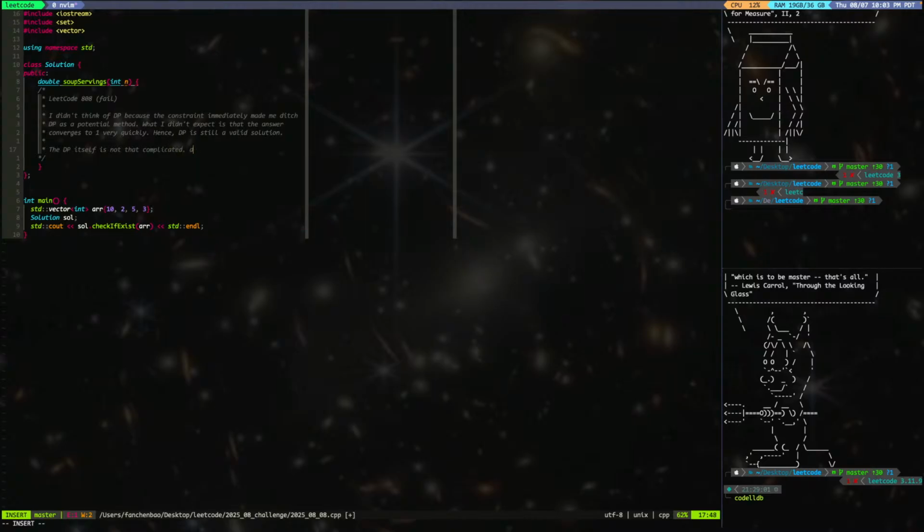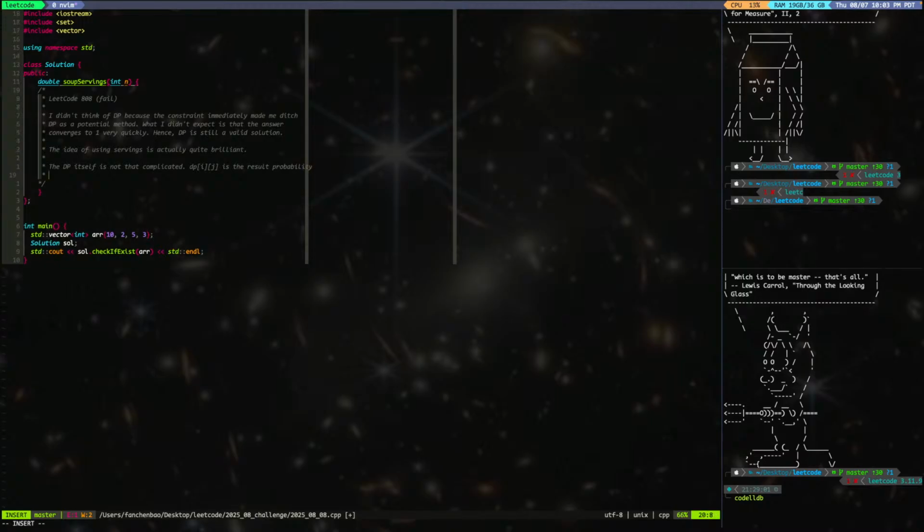dp[i][j], the idea of using servings is actually quite brilliant. Is the probability, right? Is the result probability when there are i servings of A and j servings of B left.